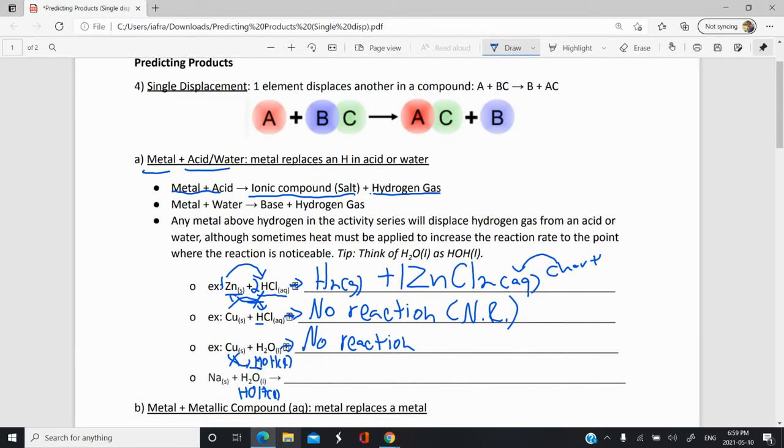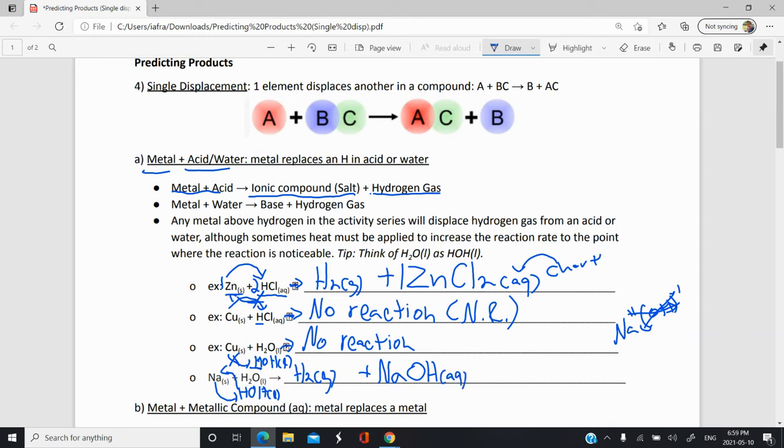So Na will kick one of the H's out, and the H will be alone. So we'll have a hydrogen gas produced, plus now the Na is with an OH. And so all you have to do is the crisscross between the metal and the OH. And so we get NaOH. And that will be aqueous because it's a base.